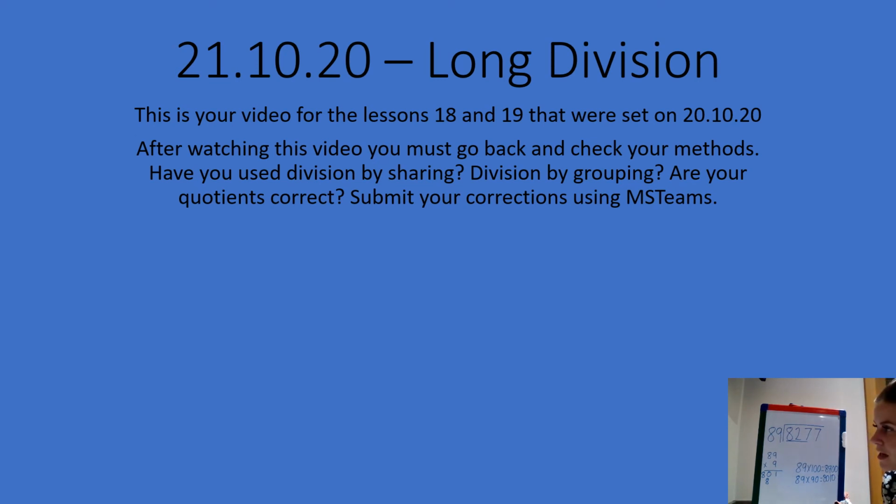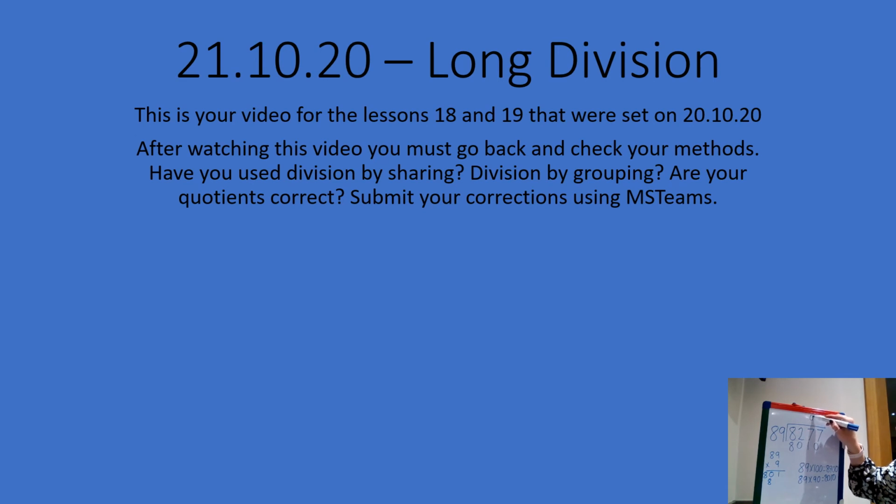So I want to see what is my closest multiple of 89. So this is the difference now between our sharing and our grouping, because I'm now looking for groups of 89. So I'm going to put my 8,010 underneath here. So how many 89s went into 8,010? Well, we said it was 90.